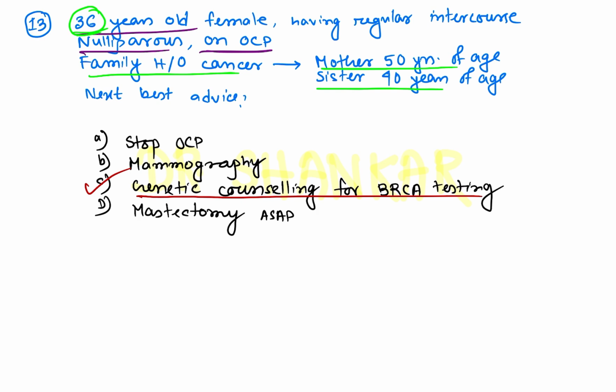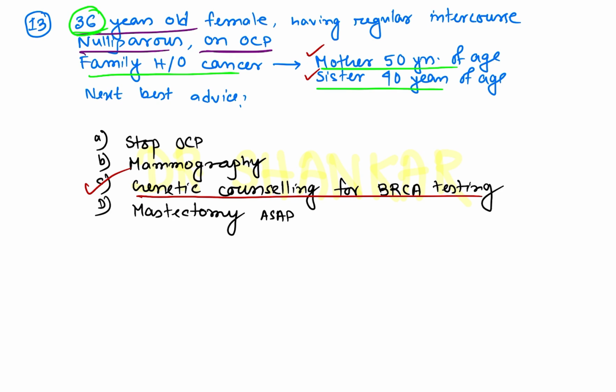As the lady has family history of cancer in both mother and sister, both female, so a female predominant cancer family history. These patients are more prone to develop breast cancer, because history of breast cancer may be there. So this 36-year-old nulliparous female should be counseled about BRCA testing.